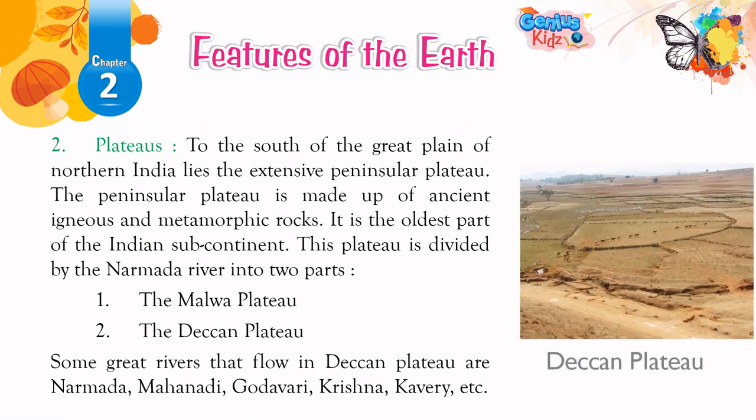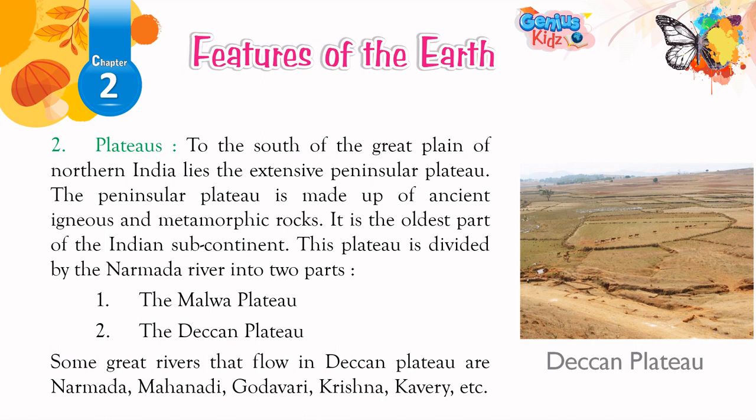2. Plateaus. To the south of the Great Plain of northern India lies the extensive Peninsular Plateau. The Peninsular Plateau is made up of ancient igneous and metamorphic rocks. It is the oldest part of the Indian subcontinent. This plateau is divided by the Narmada River into two parts: 1. The Malwa Plateau. 2. The Deccan Plateau.